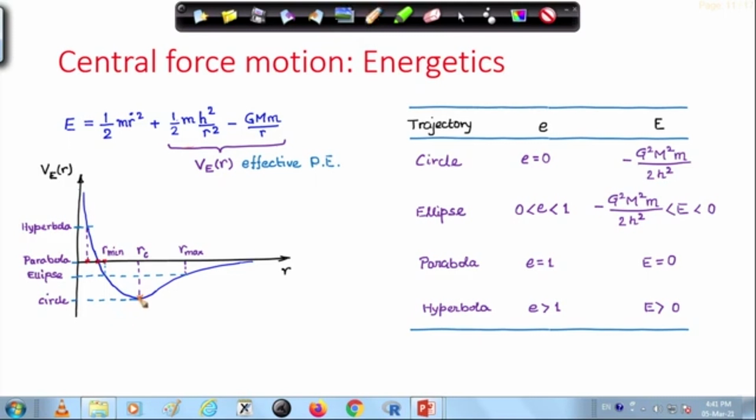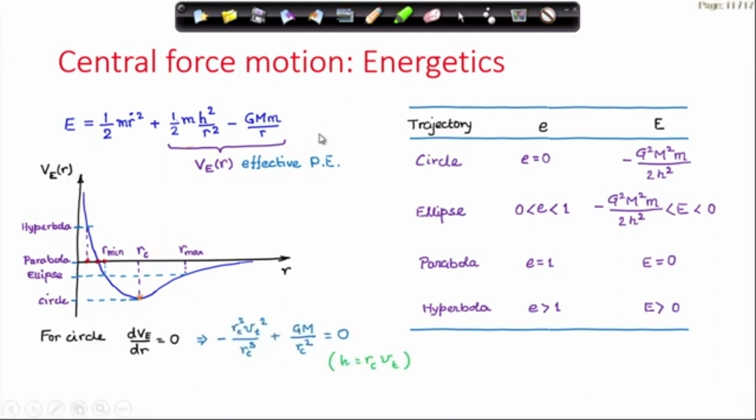And it has only one solution, and you can find that by differentiating. You see this is the minimum point of the effective potential energy. Therefore, if you differentiate the effective potential energy with respect to r and put it to 0, you will get the radius of the circular path, which is r c, as marked here. For a circle, just take the derivative, because the slope at this point is 0.